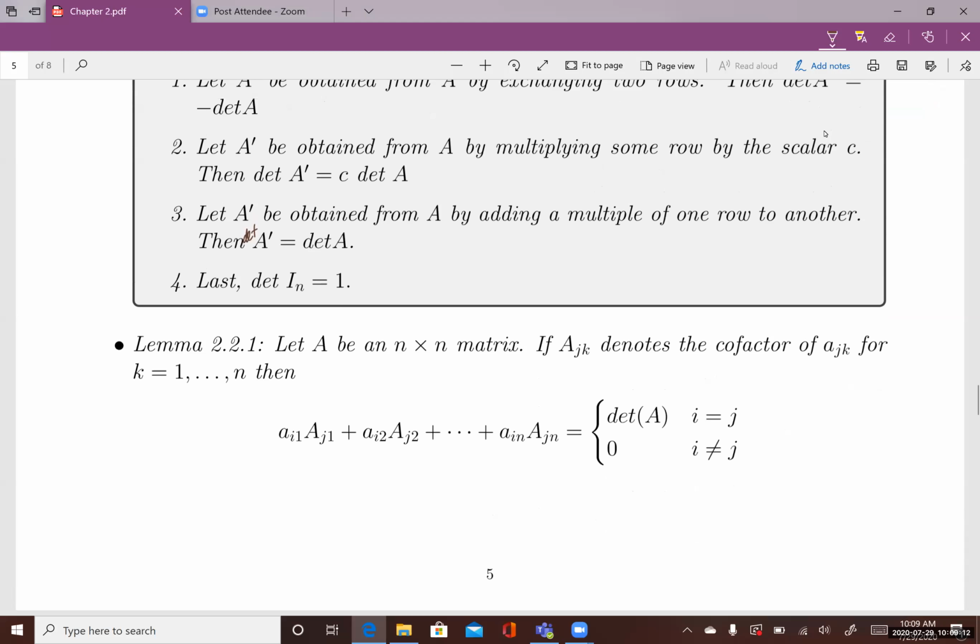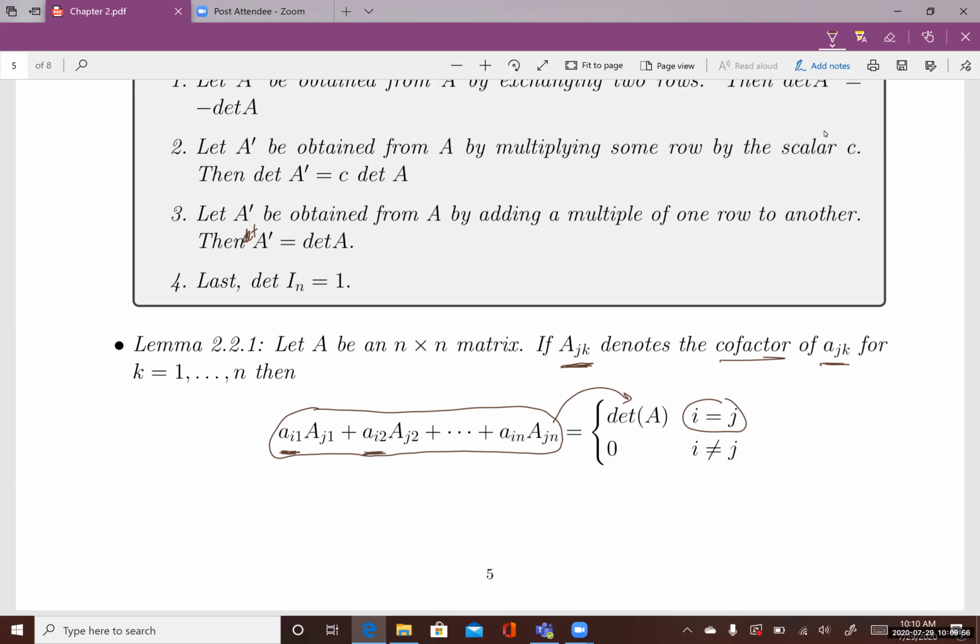And then the next property is a lemma. It says that if A is a square matrix and big A_jk denotes the cofactor of little a_jk for k from 1 to n, then if you take little a_i1 times big A_j1 plus little a_i2 times big A_j2 and so on, this sum of the products will be equal to the determinant of A if i and j equal each other, which makes sense, right?